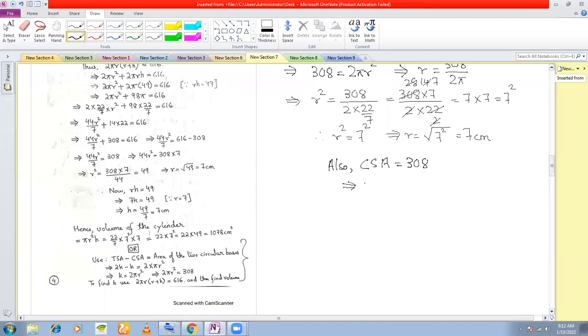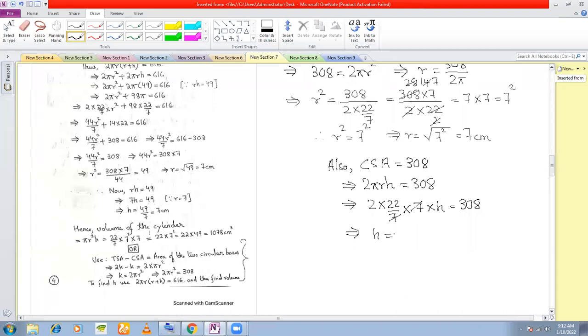That means 2 pi RH must be equal to 308. From here, we can calculate H because we already know the value of R. So 2 into 22/7 into R, here is 7, into H is equal to 308. So this 7 cancels here.